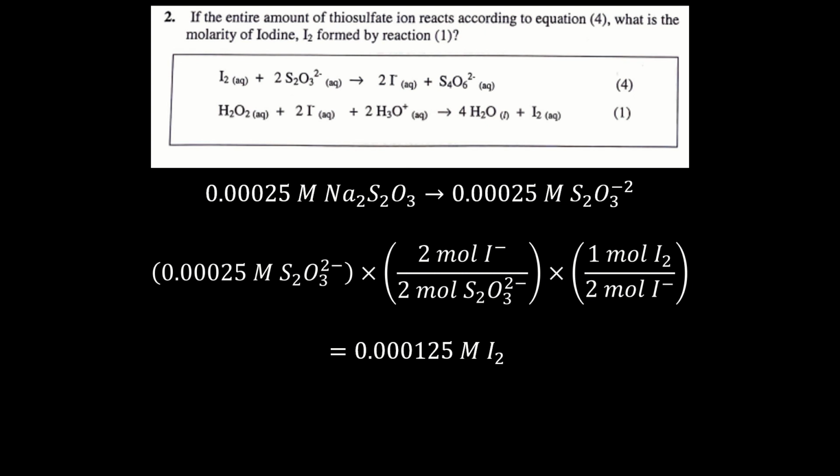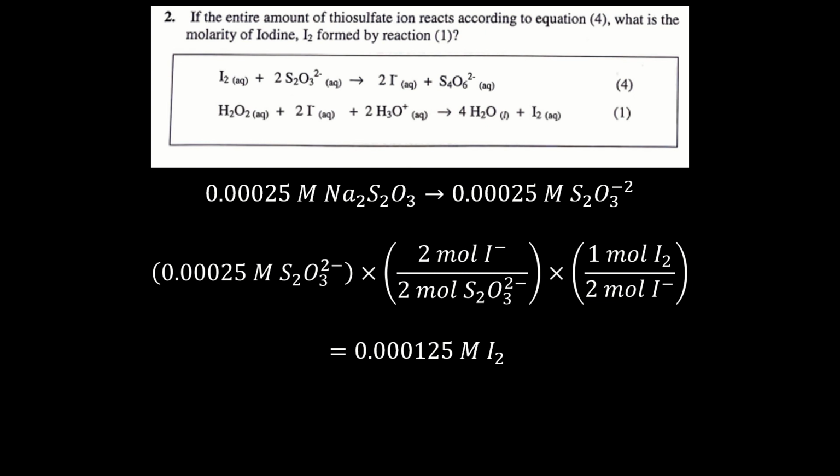So the first part to solve this is simply: what is our concentration of thiosulfate anion? Well, since we have the concentration of sodium thiosulfate, once that breaks up into ions, it will break up into 2 ions of sodium and 1 ion of thiosulfate. The latter is the one that we're concerned with because it's a 1-to-1 ratio.